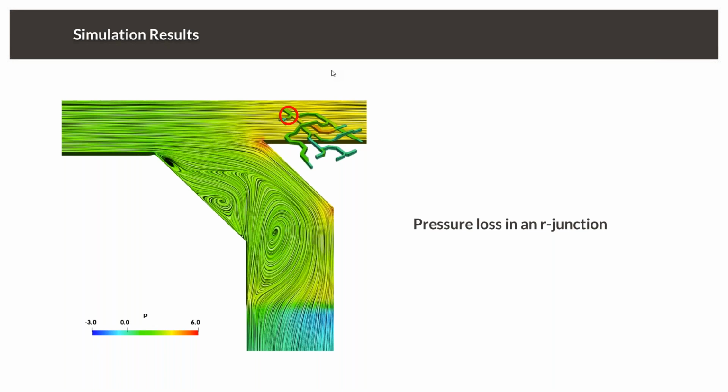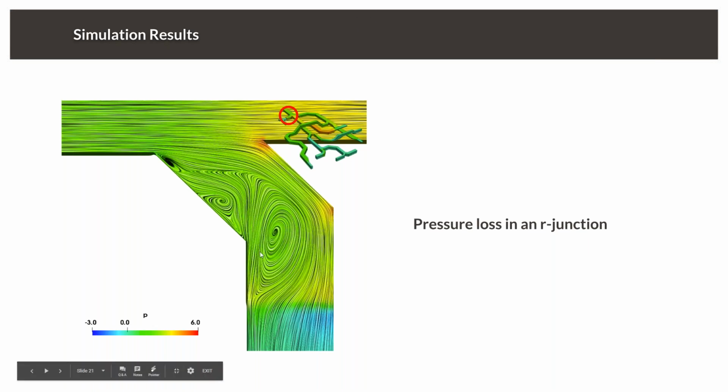And in this R junction we have a very similar phenomenon. For example, again, it's a flow separation. We can not only visualize the pressure, but also velocity and other variables that help us to understand why the separation is happening.